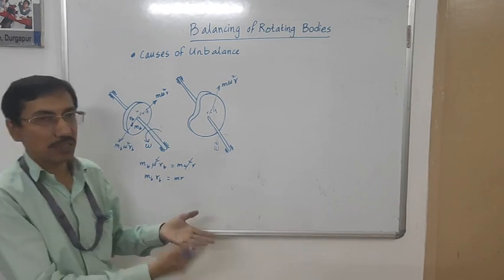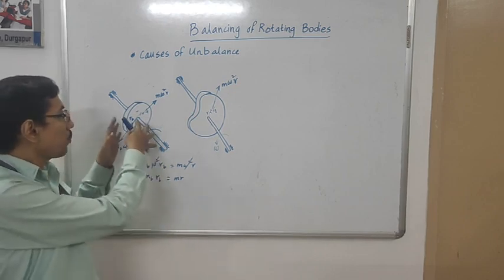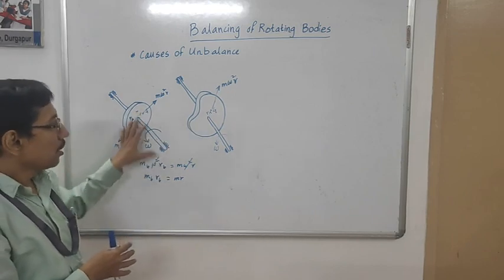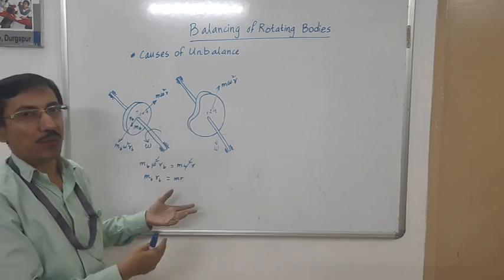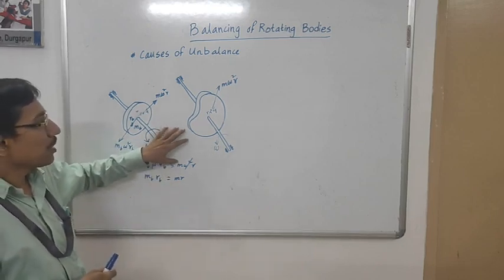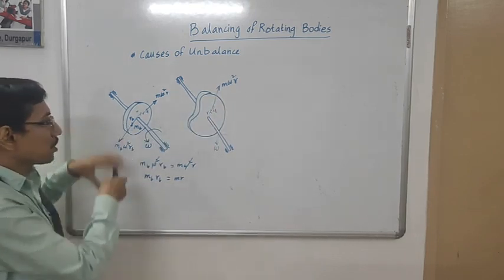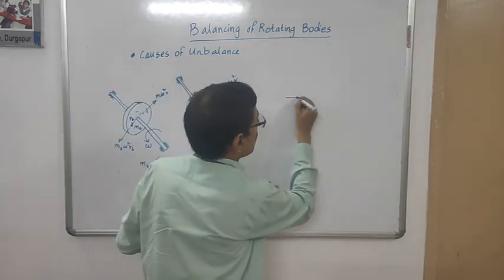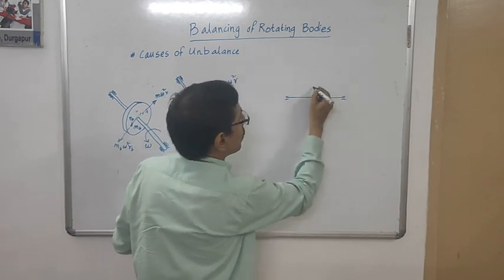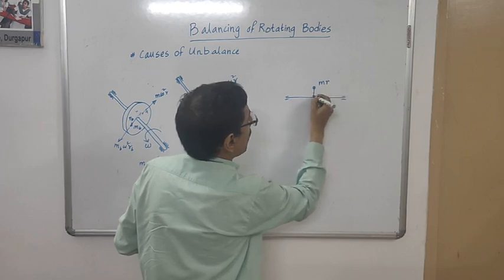Now before we proceed further, we would like to show a way of representing this in a two-dimensional diagram. Because every time if we draw isometric or perspective views, it is really very difficult, particularly for complex geometries. So we propose that we represent this in two-dimensional form. Suppose we look from the front side, then we can draw this line representation, and we could show only the unbalanced part like this.